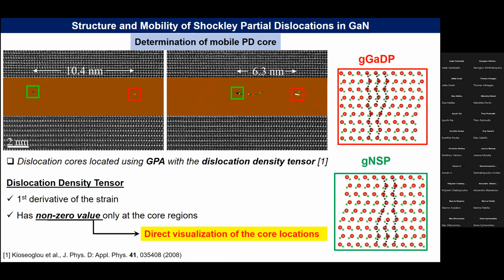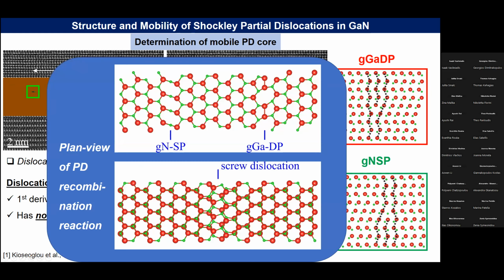Hence, we can see that the more mobile core is the glide nitrogen single period. So we can now have a model of how two dislocations, the glide nitrogen single period and the glide gallium double period, recombine to the initial screw dislocation.